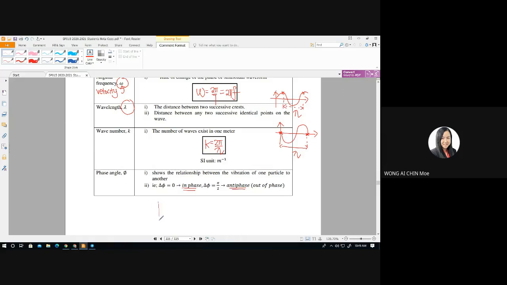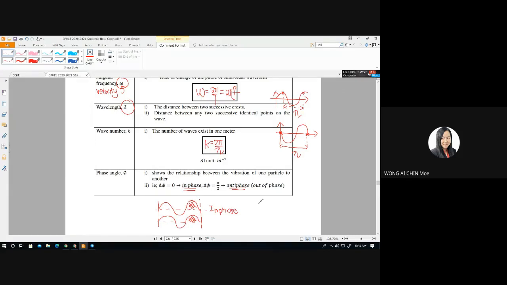So for example, let's say there are two waves. Initially they start with the same graph, meaning a sine graph. This one also a sine graph. When they meet together, this one is positive amplitude and the second wave also positive amplitude. So we say there is no phase angle here. Both of them are in phase because when they meet, they are in positive amplitude.